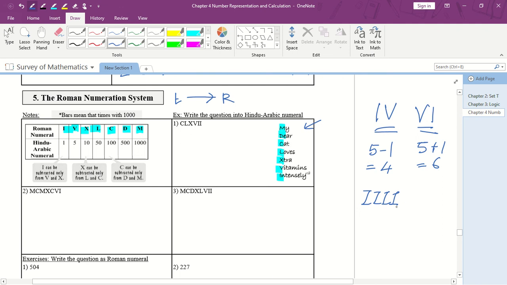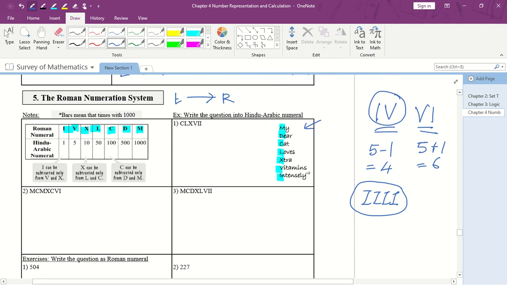But the Roman numeration system tries to avoid having many numerals. When you write 1, 2, 3, 4, there are actually 4 numerals. It will be better if you use 1 and 5 and change the position to get 4, so that you have 2 numerals instead of 4 numerals.